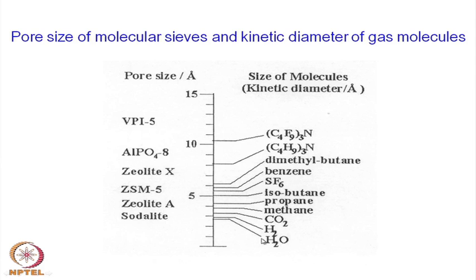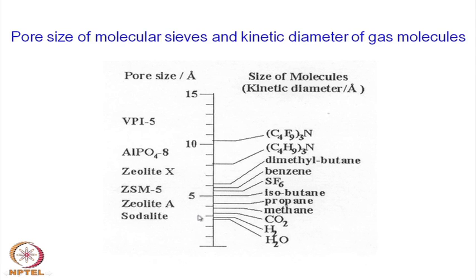Okay. You have the water molecule here, then you have H2, CO2, methane, propane, isobutane and SF6, benzene and so on. Depending on the particular molecule, they have different kinetic diameters, so they also vary to some extent.